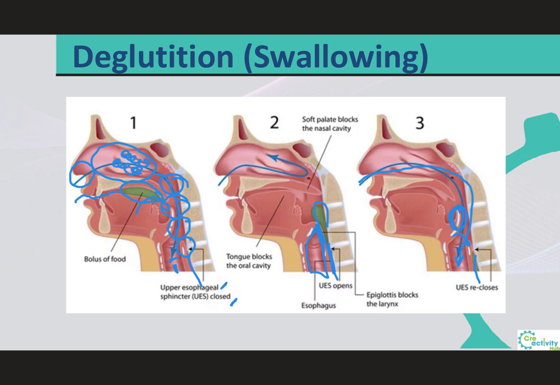But if you're doing both at the same time, talking and swallowing, then your body will not know what to do with the epiglottis. And this is how you can choke on your food. So it's important that you concentrate when you're eating so that this does not occur.